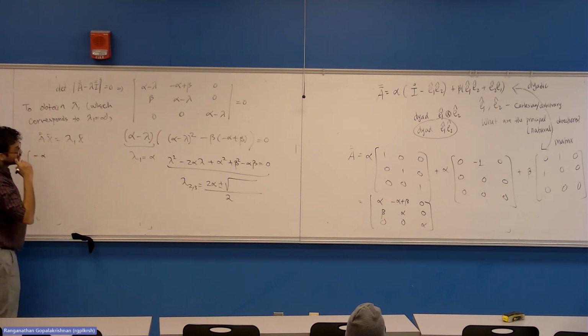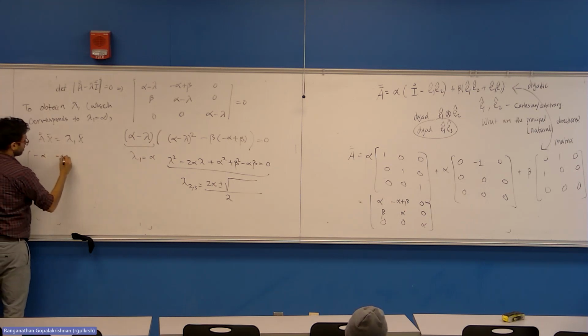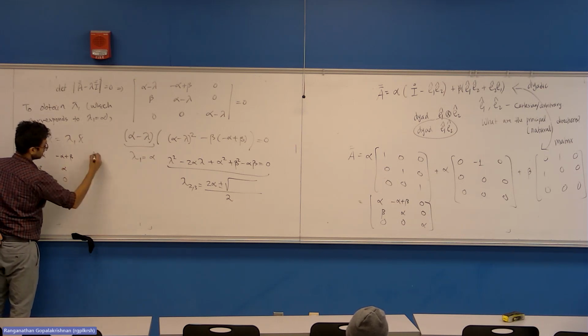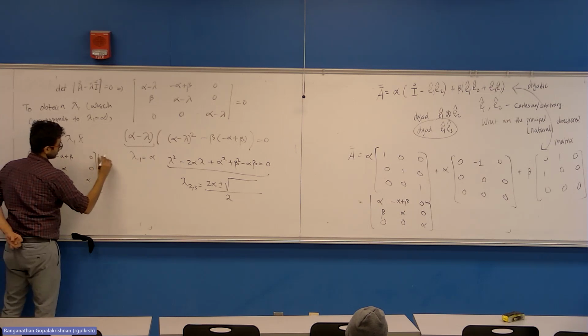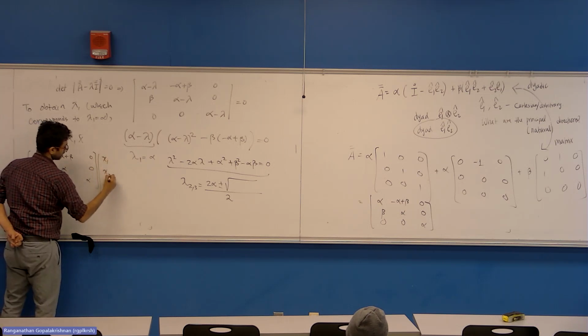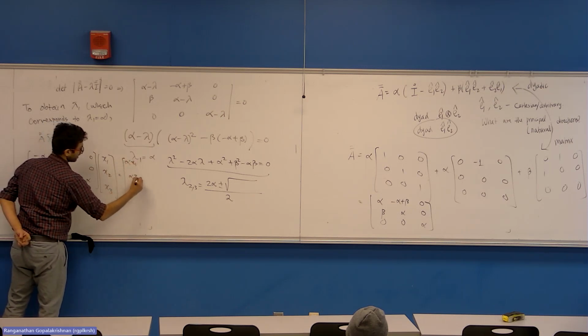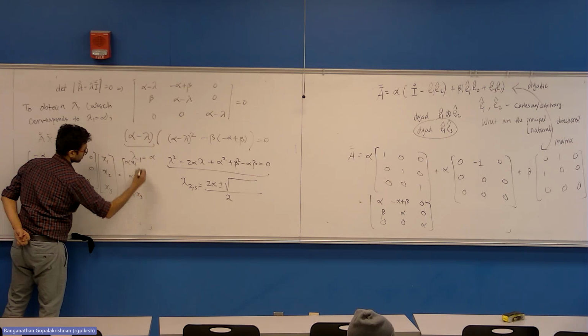Minus alpha plus beta, 0; beta, alpha, 0; 0, 0, alpha, times x1, x2, x3 equal to alpha x1, alpha x2, alpha x3.